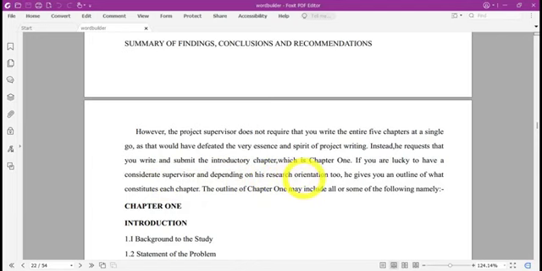Depending on his research orientation too. I once fell into the hands of a supervisor who really didn't know much about the topic I was doing. It was the same department, but he was on a different area, a different section of the department. So he didn't really know so much about my project topic.